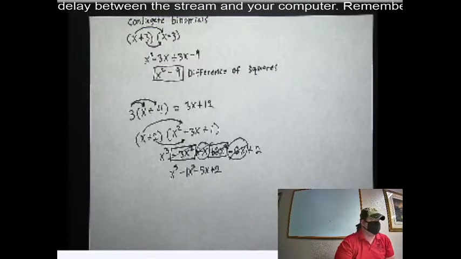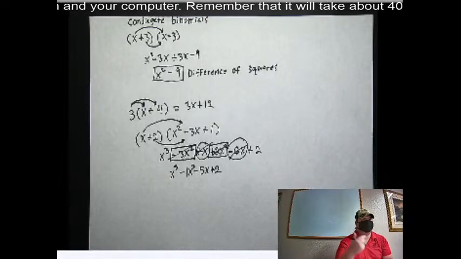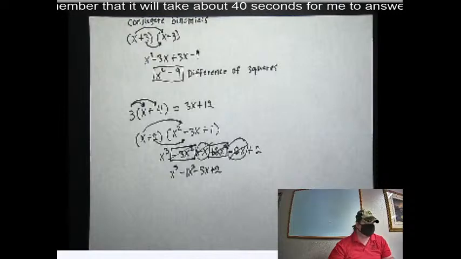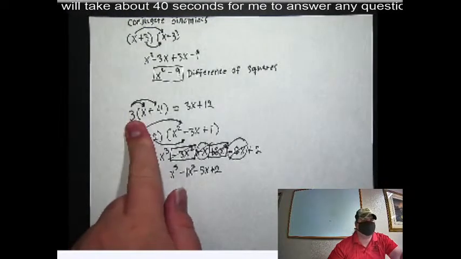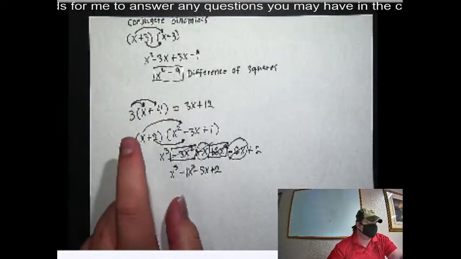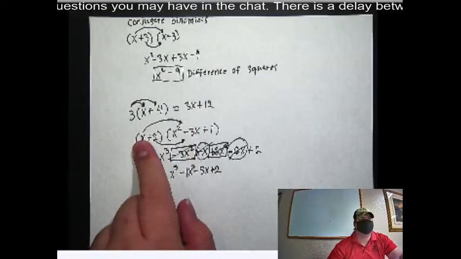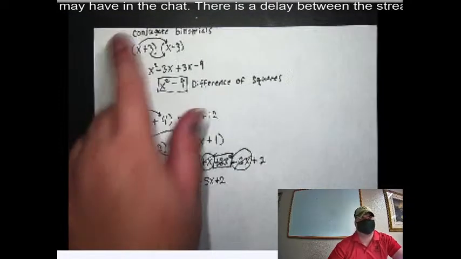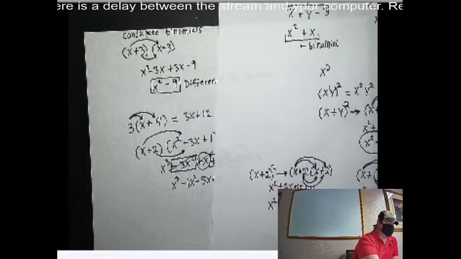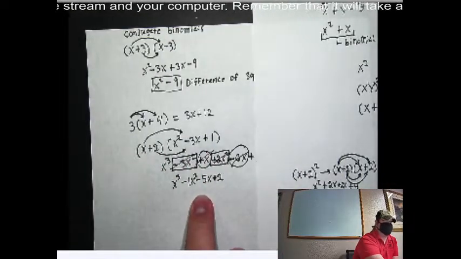So this one, we multiplied a binomial by a trinomial, and we got a quadrinomial, 4 terms. So if we multiply a monomial by a binomial, 1 times 2 is 2. If we multiply a binomial and a binomial, we get 3. So 2 to 3. Then if we multiply a binomial by a trinomial, we get 4 terms.